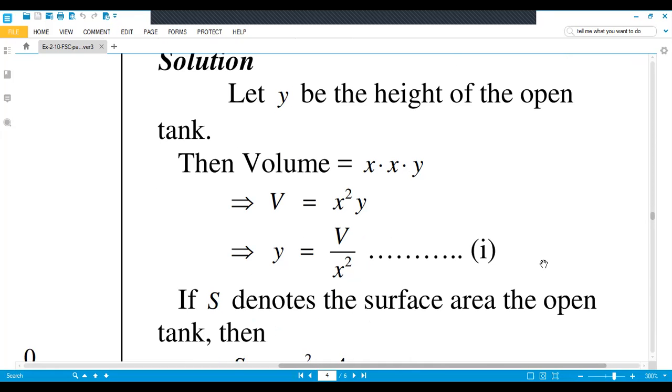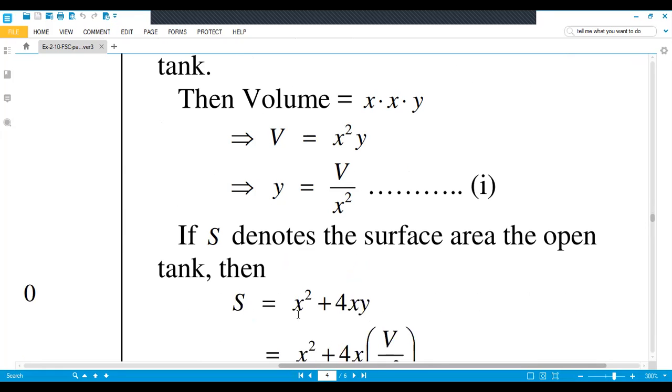This is the first equation. If S denotes the surface area of the open tank, then surface area, you know, is the area of the square plus 4 into side multiplied by height, so x square plus 4xy, just like question number 7 for the surface area formula for the open tank or cubic tank.